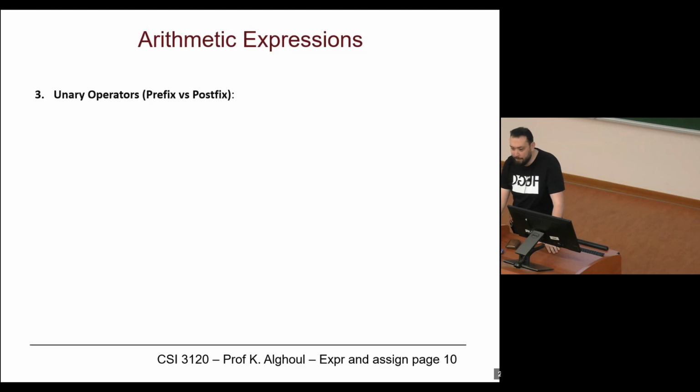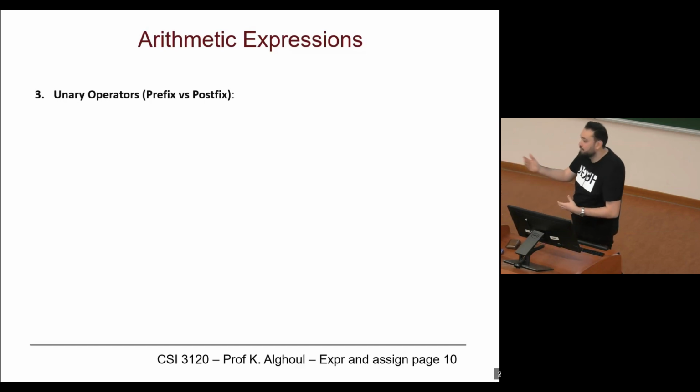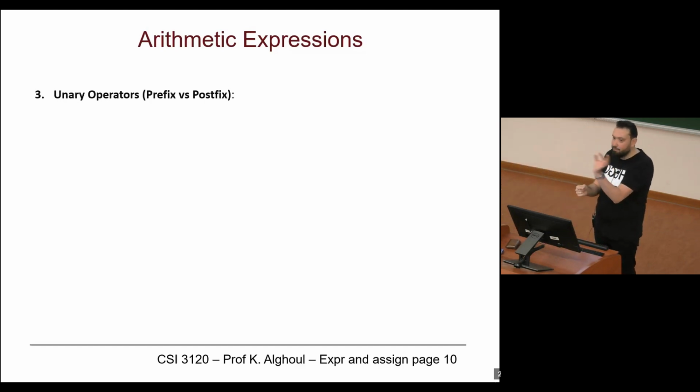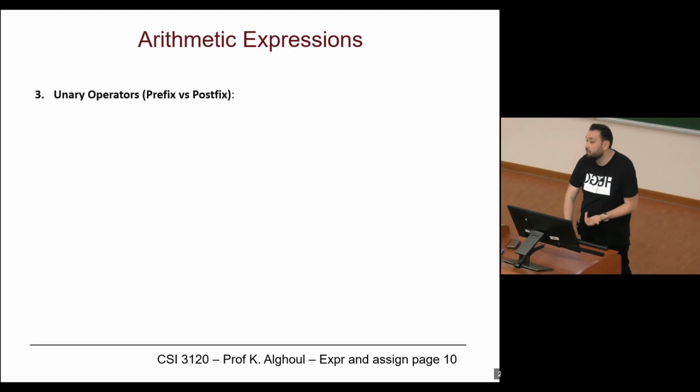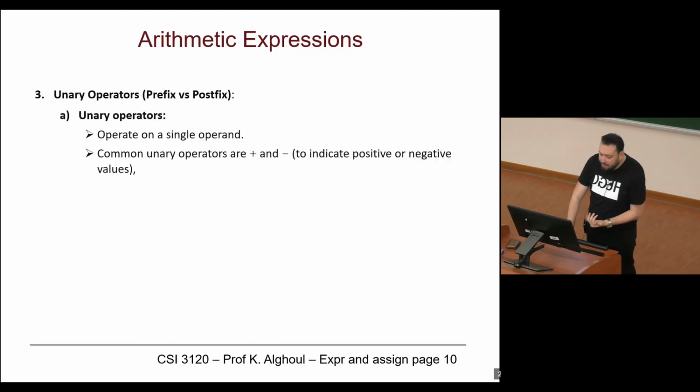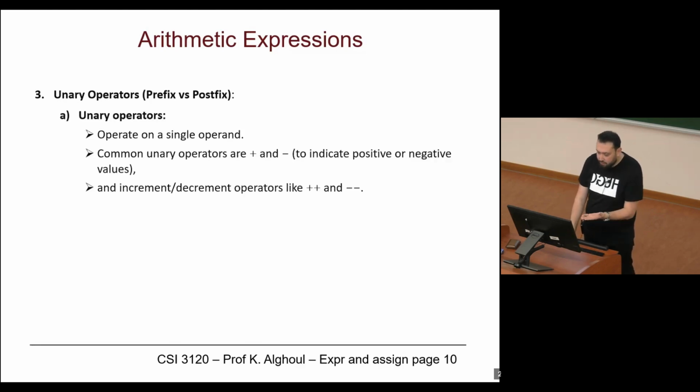What do we use? Michael? Plus plus, which is what? Increment or decrement? That's plus plus. So it needs only I, I plus plus. That's also called a unary operator. In this case, it can be plus or minus, or it can be plus plus or minus minus.